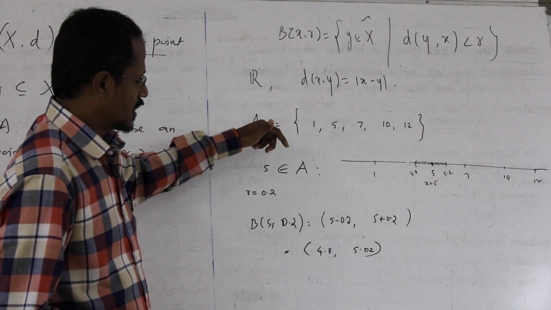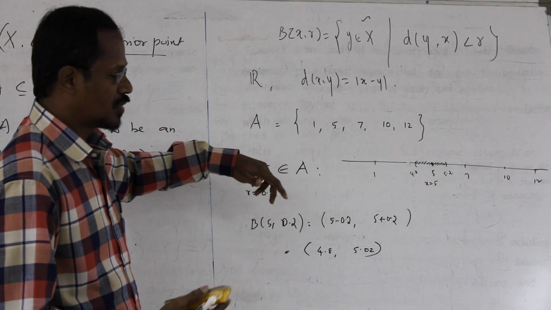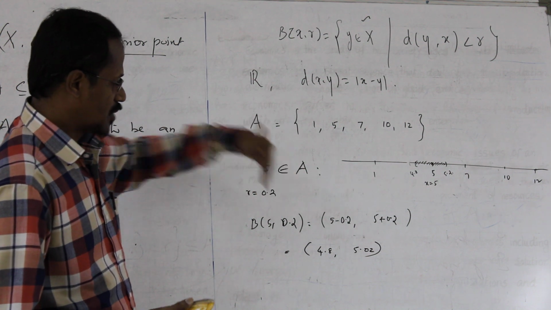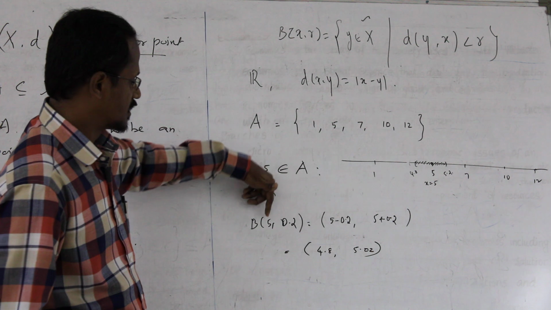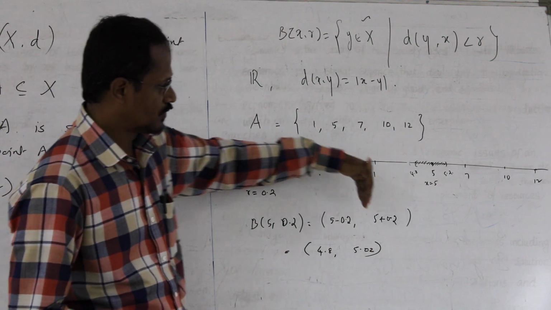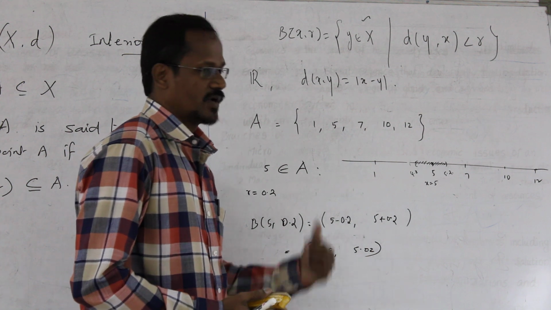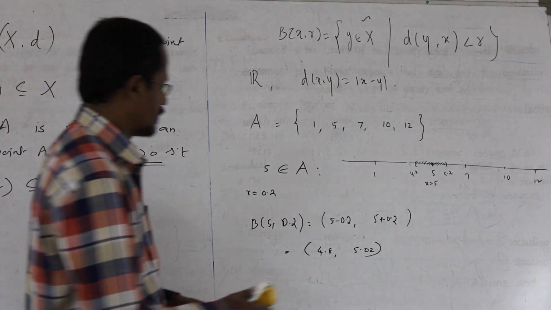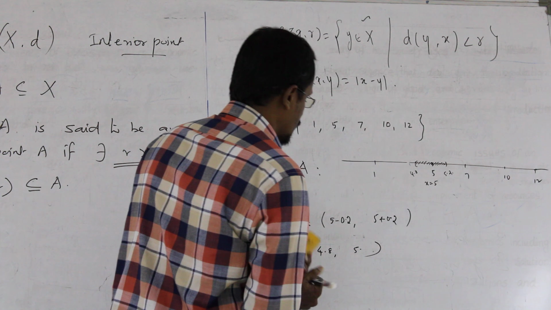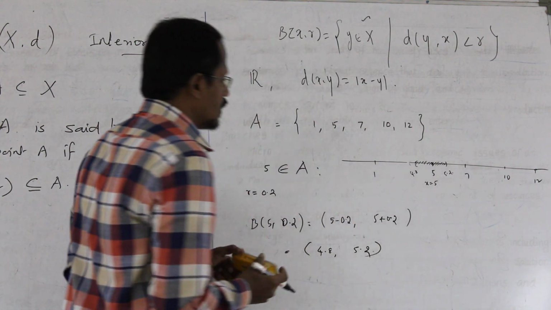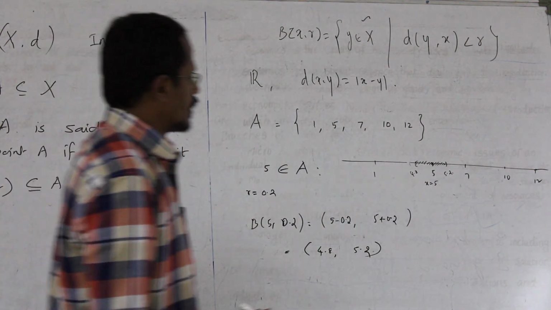In the earlier discussion we proved that it is an open ball of the type x minus r to x plus r. Here x is 5, so 5 minus 0.2 to 5 plus 0.2, which gives the interval 4.8 to 5.2.